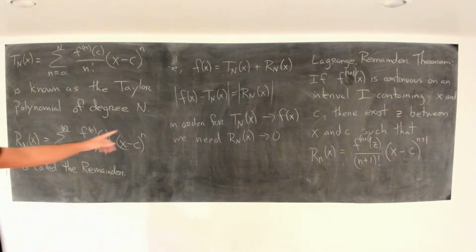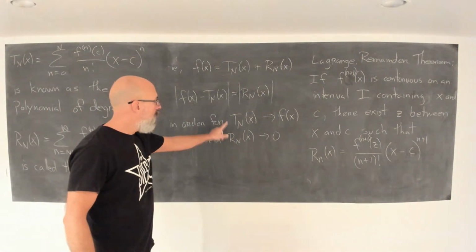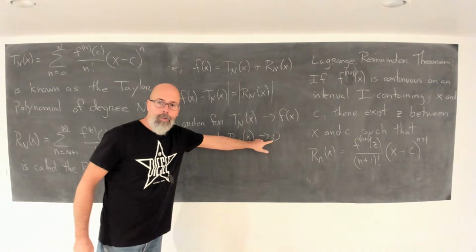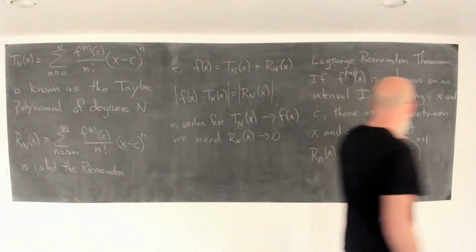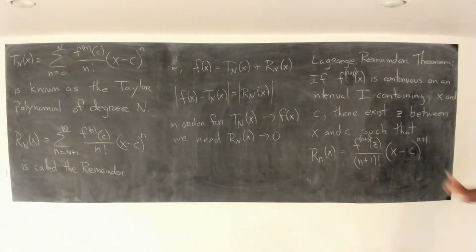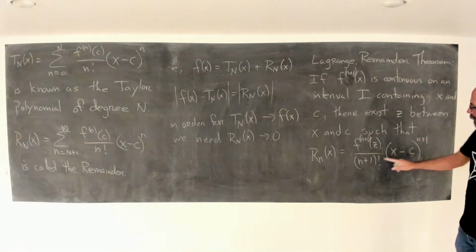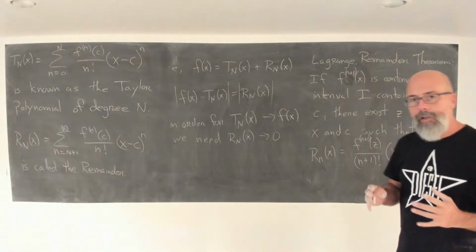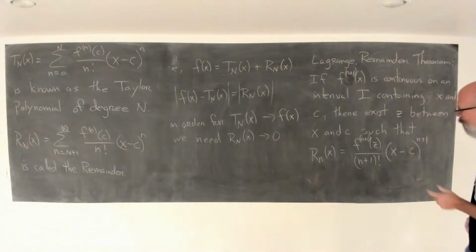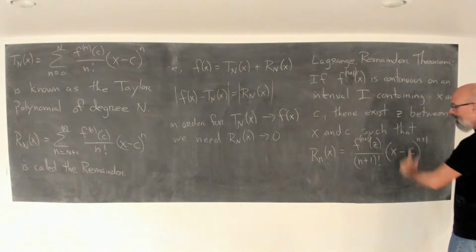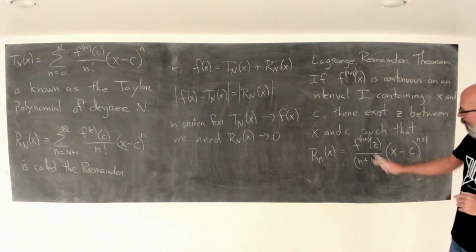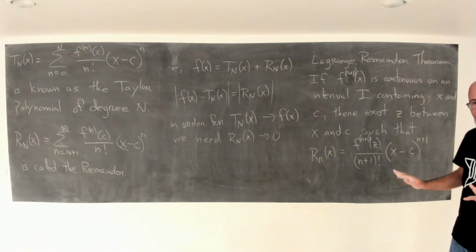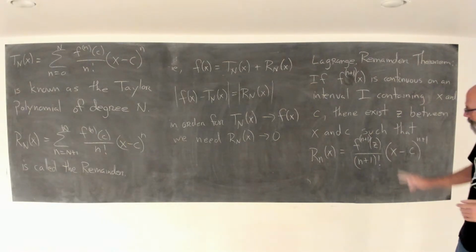So if we go back to this business, your Taylor polynomial is going to converge to the function as long as the remainder converges to 0. And if you look at this, this n plus 1 factorial here, you know how large that is. That's very, very, very large. So in order for this not to converge to 0, your function has to behave very badly.